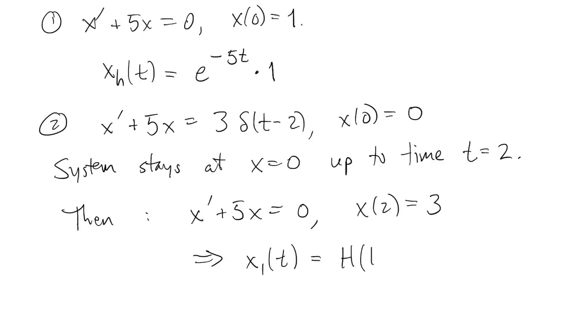So this is an easy problem to solve, and I'm going to put a step function out in front to indicate that nothing happens until jump time. Then the exponential itself also has time delayed by 2 because it starts right there.